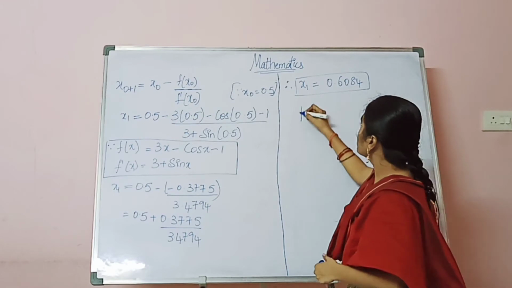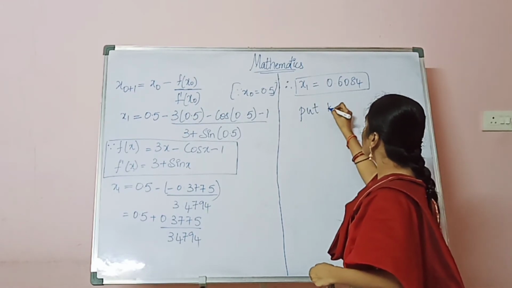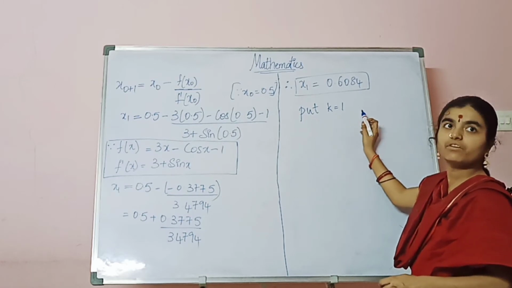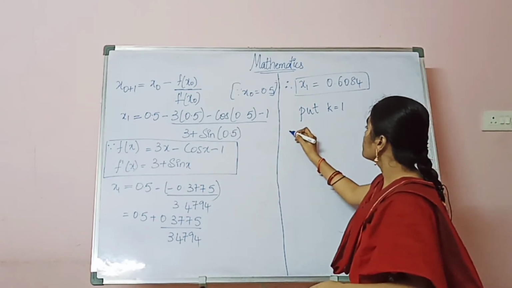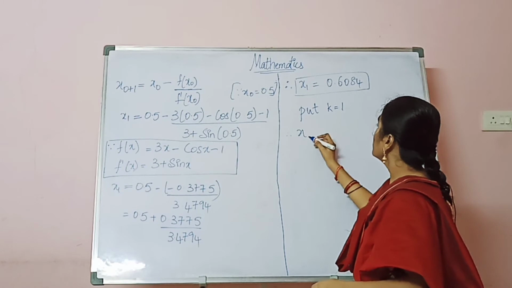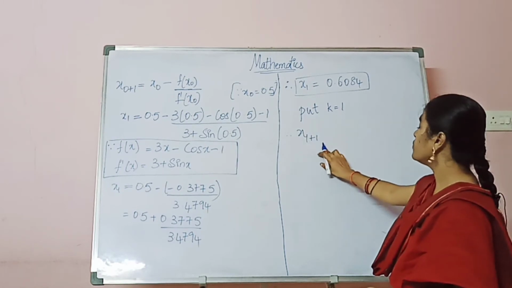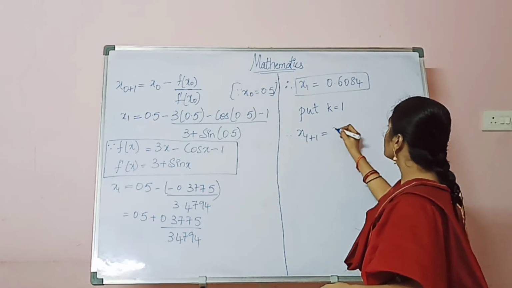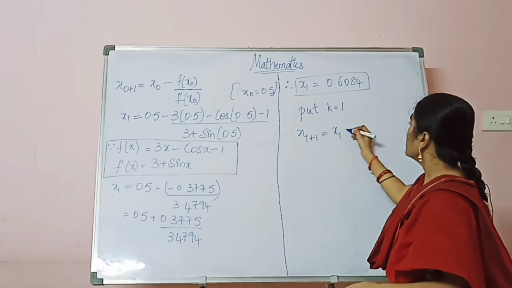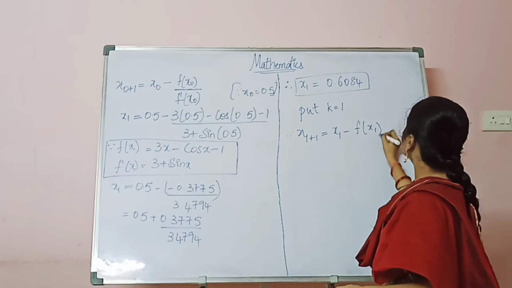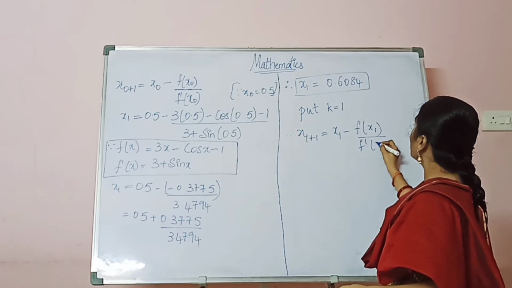Now put k equals 1. First we took k equals 0, now k equals 1. So in the place of k we substitute 1: 1 plus 1 equals x1 minus f of x1 by f dash of x1.